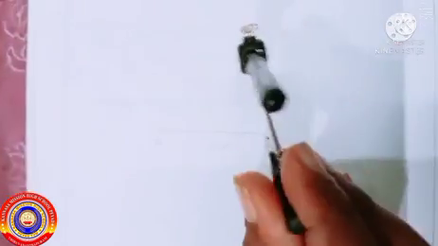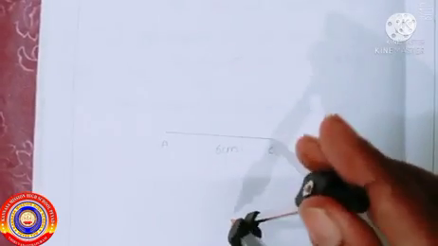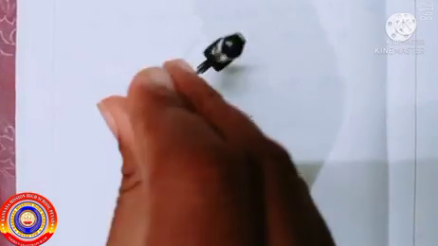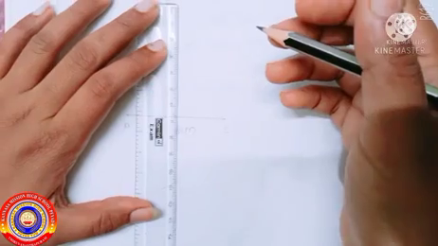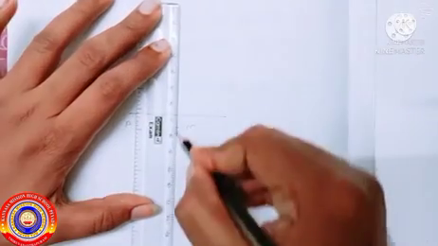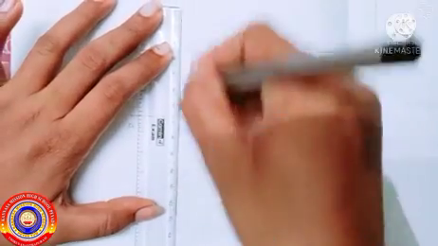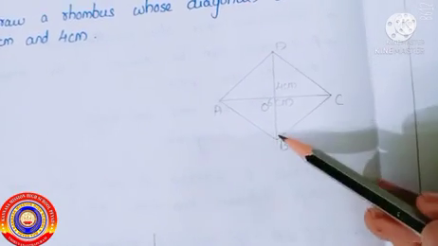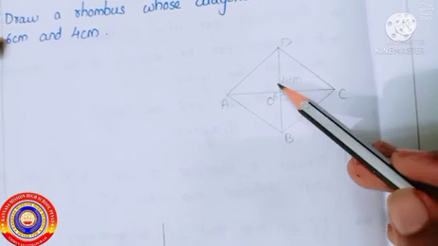For drawing the perpendicular bisector, take 3/4 of the line and draw an arc on both sides and join these 2 points. The length of the second diagonal is 4 cm. Okay.